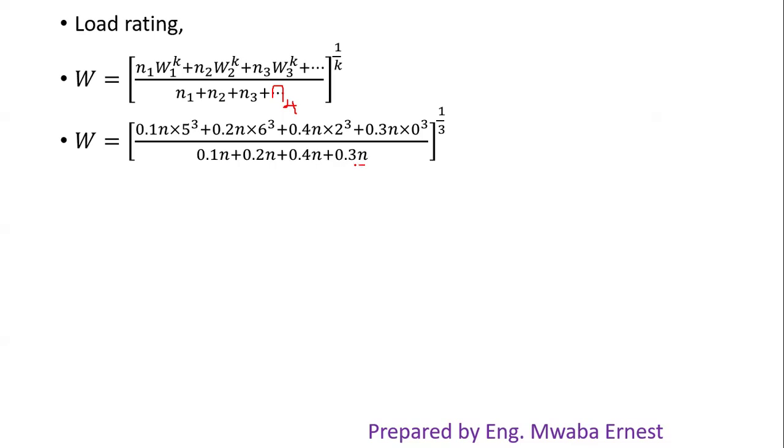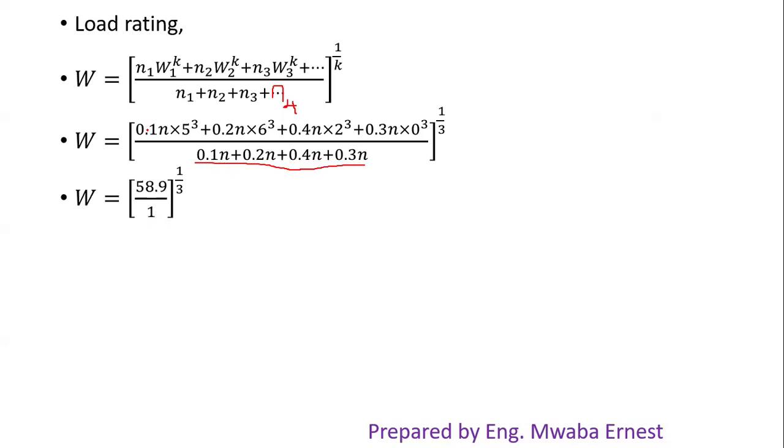Now, I don't even know why we're struggling here, because 0.1 plus 0.2 is 0.3. 0.3 plus 0.4 gives us 0.7. 0.7, when you add 0.3, you get a 1. So whatever is happening below here is 1, and there's n.